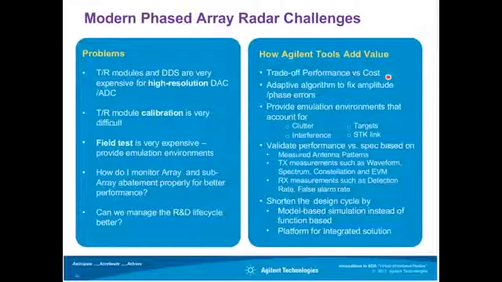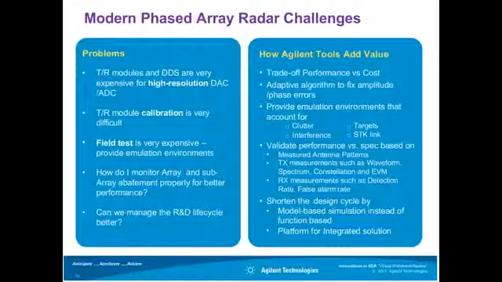We have an example to show you later. And the TR module calibration becomes very difficult because there are so many TR modules. The random parameters will affect the whole performance. Sometimes they're out of control. Some adaptive algorithm can be introduced in SysML to do this.